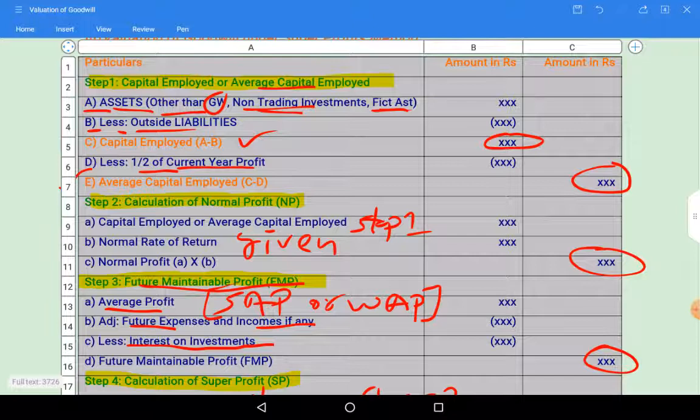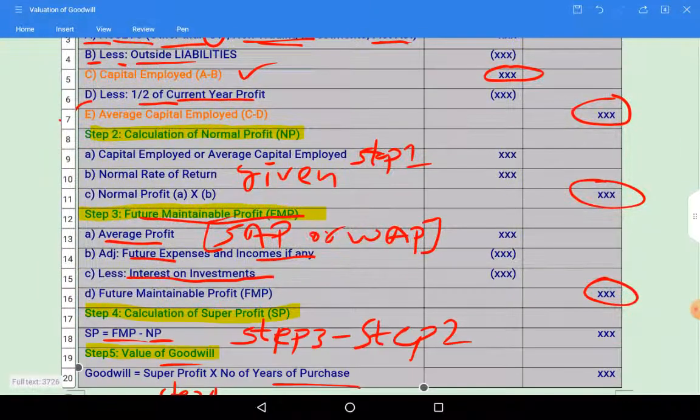Otherwise step 1 will end at capital employed itself. Step 2, normal profit, that is step 1 into NRR, normal rate of return. And step 3 is future maintainable profit: average profit of past few years, minus future expenses, minus interest on investments, then you will get future maintainable profit.